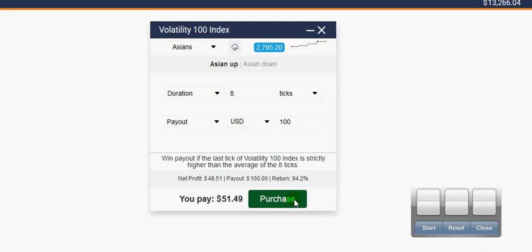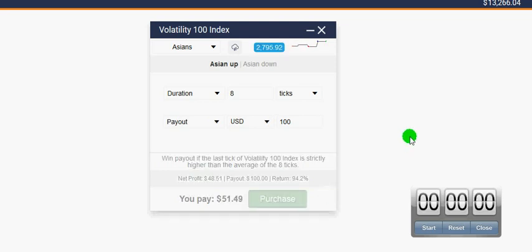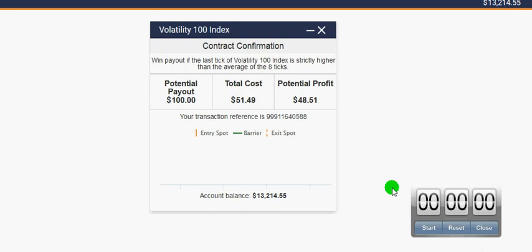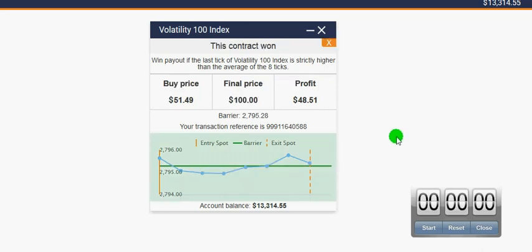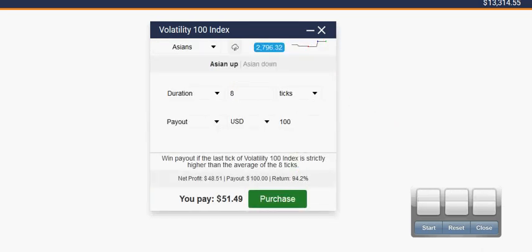80. 92. As you can see, we won the 9th trade, so we have one more trade to go.